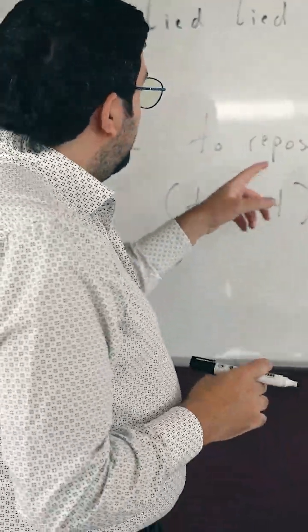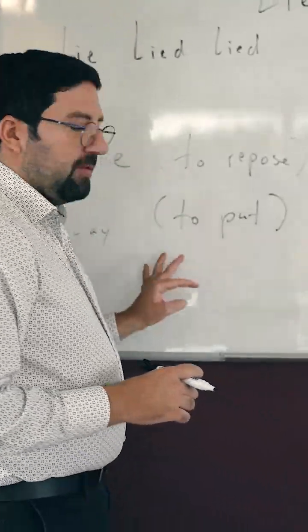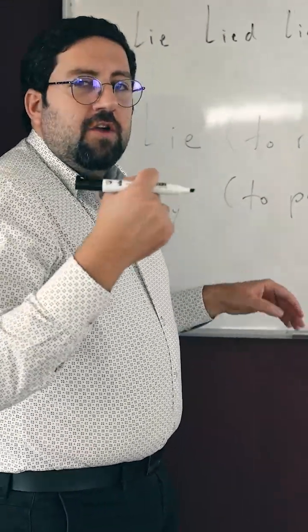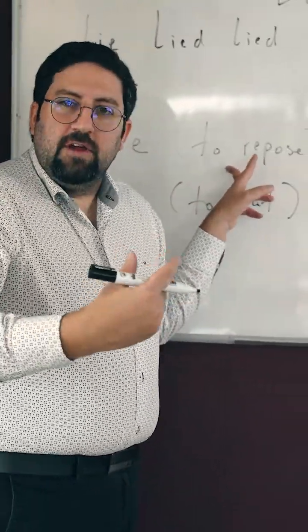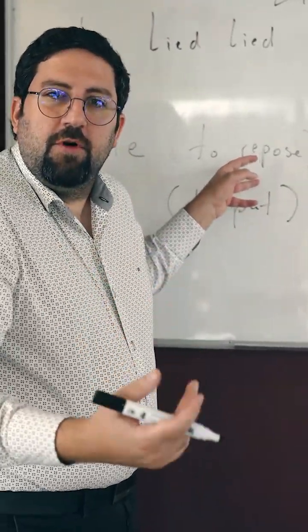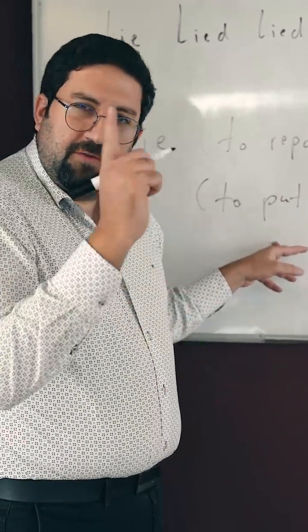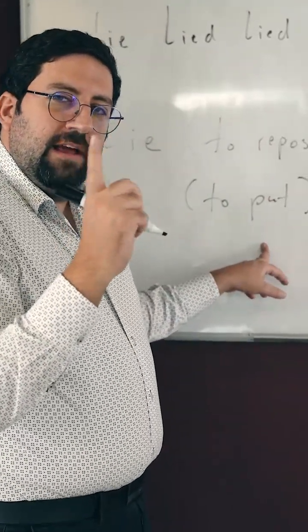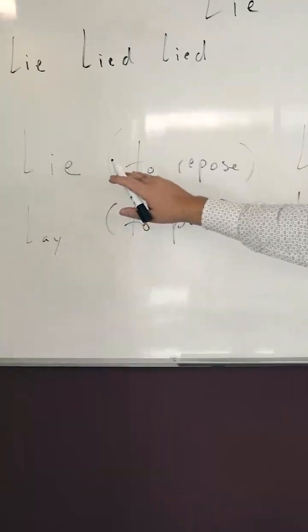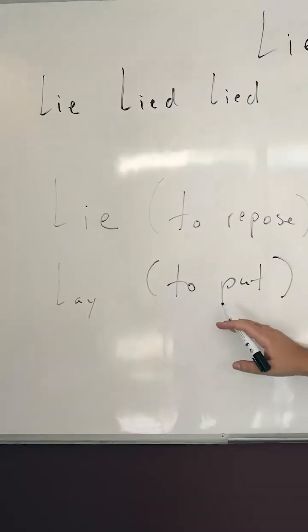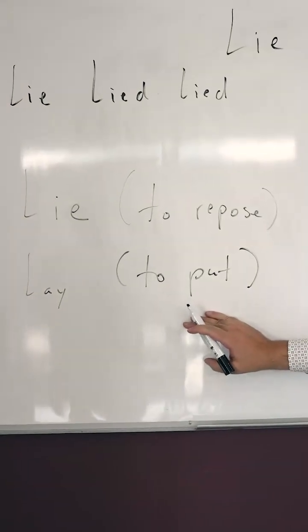If you ever encounter these two verbs, lie and lay, your first line of defense should be: does the writer mean to rest, to repose, or does the writer mean to put? That's your first line of defense. Your second line of defense is to remember that lie is an intransitive verb and lay is a transitive verb. Now, what does that mean?